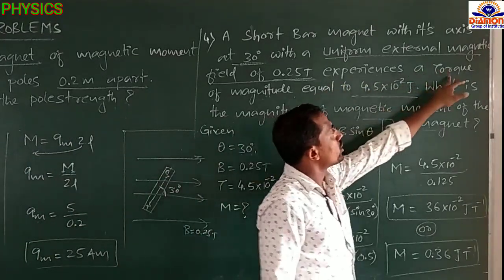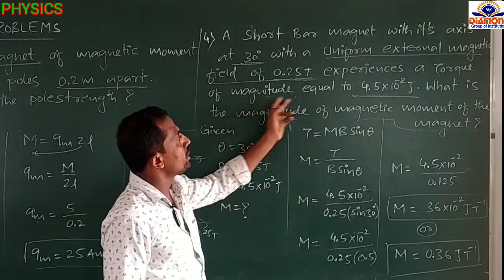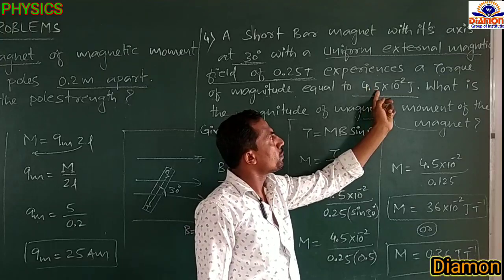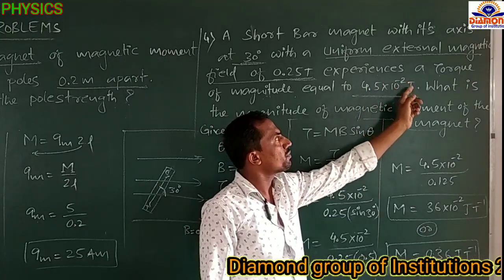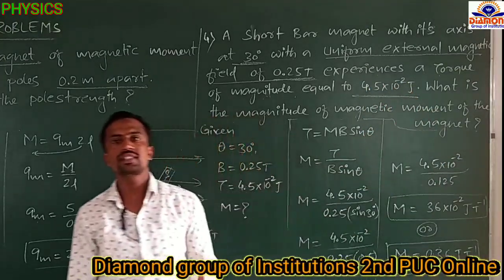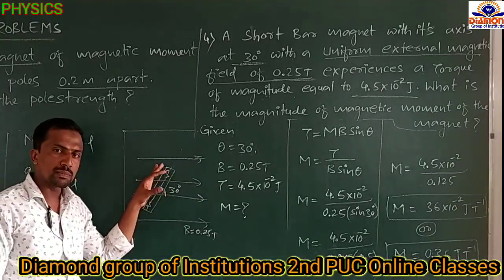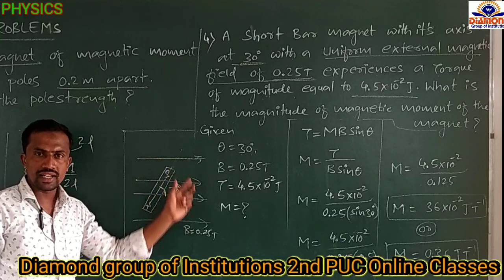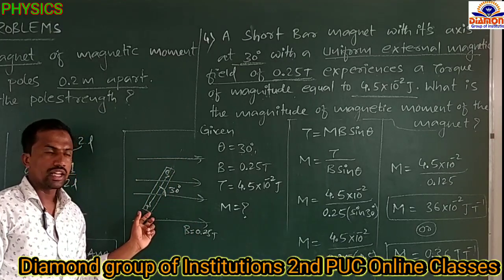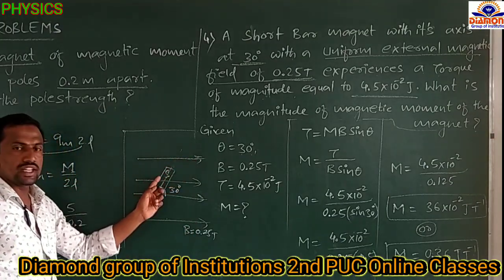Experiences a torque of magnitude 4.5 times 10 to the power of minus 2 joules. We discussed in the theory that when a dipole is placed in a uniform magnetic field, the field exerts a force.